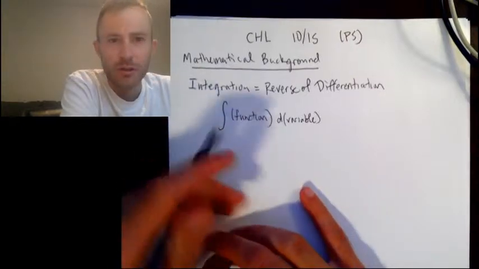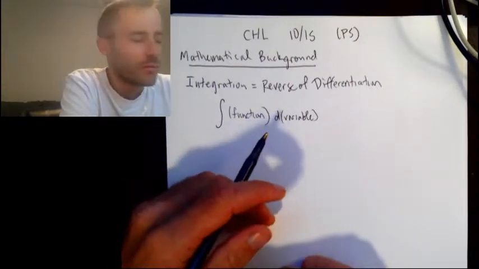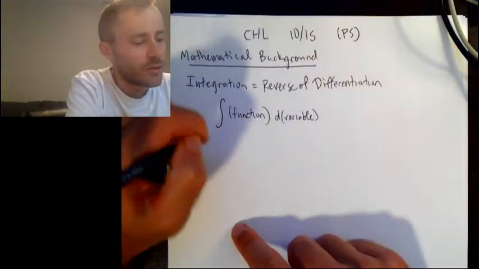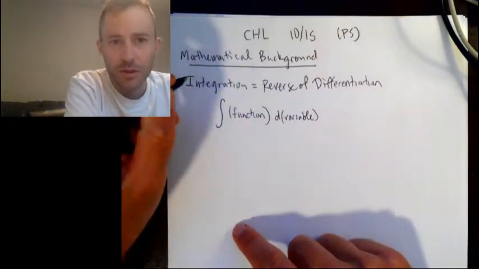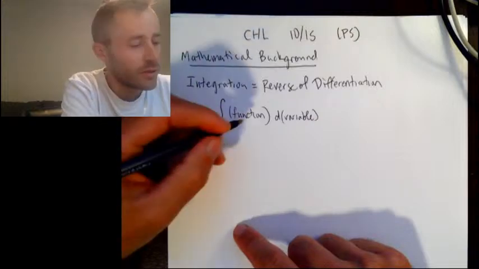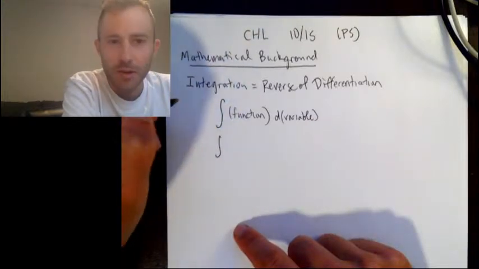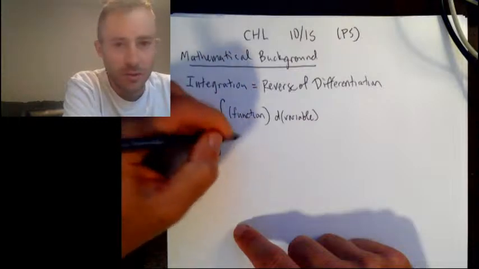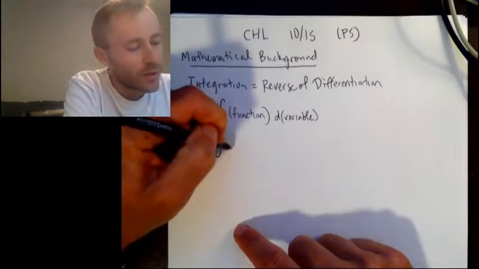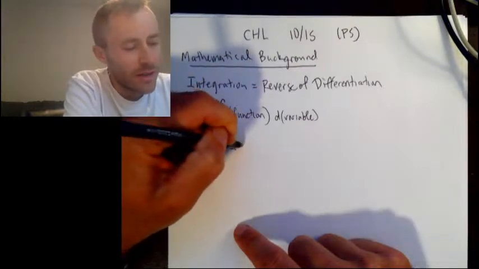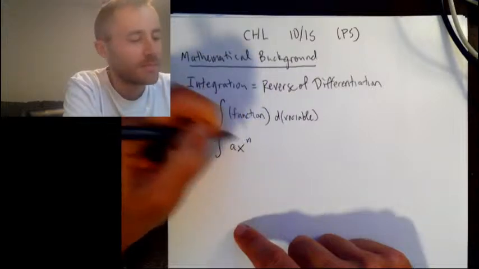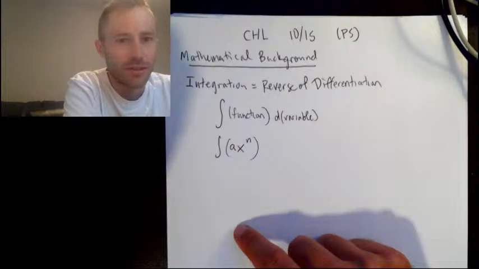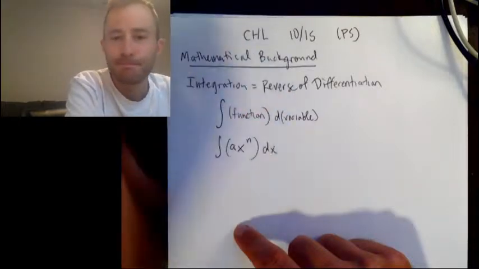So we are going to have really simple functions to begin with. This is the only type of function that you have to worry about today, which is a power law or a polynomial function. Let's say you have a function ax to the n. We're going to integrate ax to the n dx.